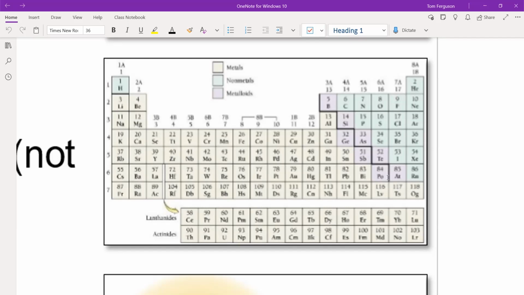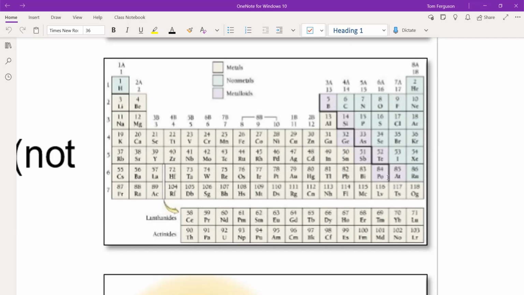So starting right here, these are man-made. This is neptunium. A lot of these are made in fission reactions, an atomic bomb or atomic reactor. And some of them are very poisonous or radioactive, like plutonium.